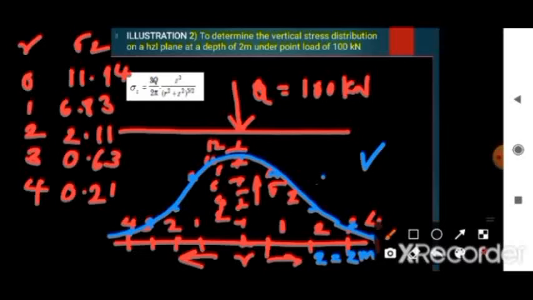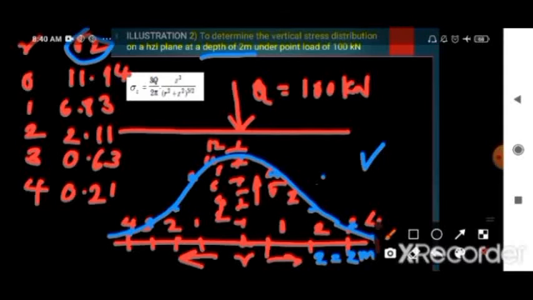Now we will move further in this direction. We will see what happens if we increase this particular depth. What is going to be the magnitude of this sigma z, that is, the vertical stress? We will check this.